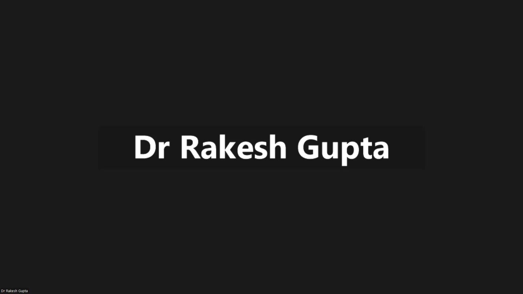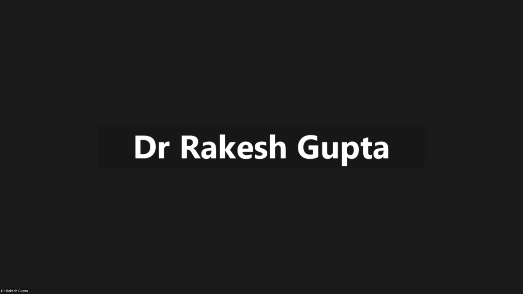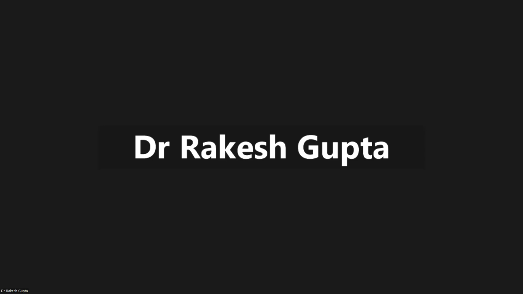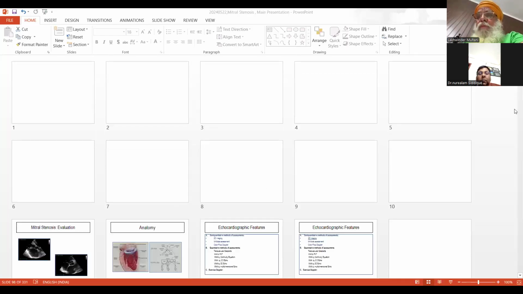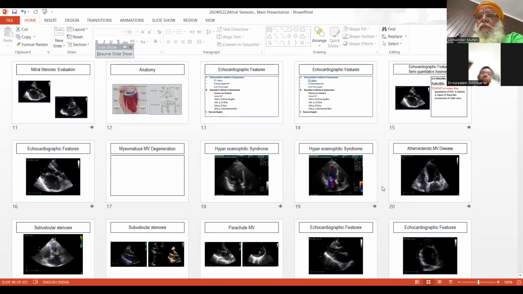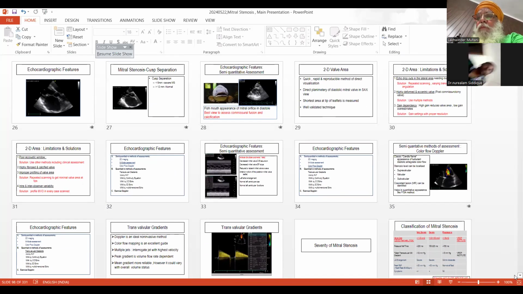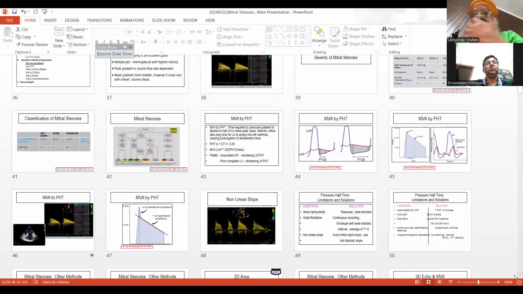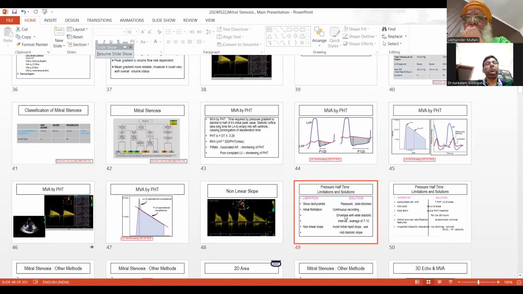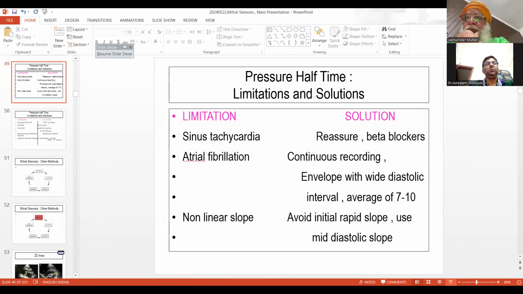Dr. Anil? Sir, what are the conditions where pressure half time is not reliable? Pressure half time is not reliable in calculating the valve area in atrial fibrillation, ectopic activity, tachycardia, and non-linear slopes.